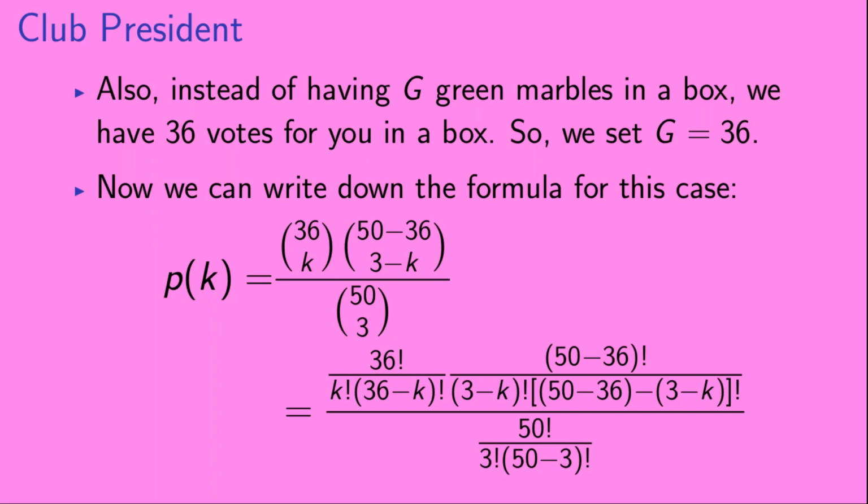So we set g equals 36. Now we can write down the formula for this case. So P of k is equal to 36 choose k times 50 minus 36 choose 3 minus k, all divided by 50 choose 3. And then we write each of those 3 factors in terms of factorials.